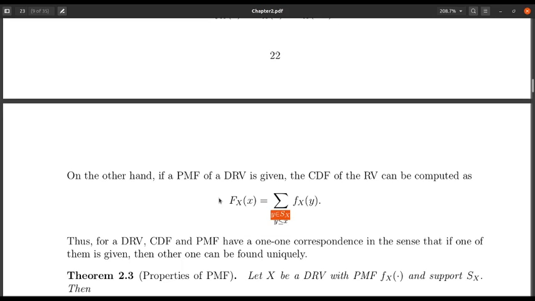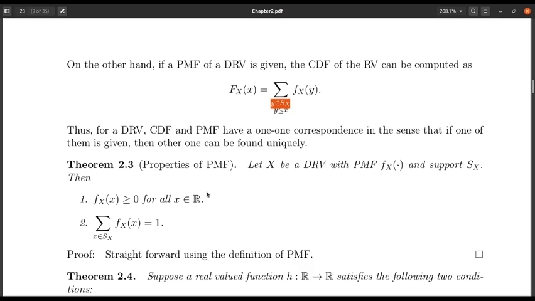So the cumulative distribution function and the probability mass function of a discrete random variable have a one-to-one correspondence, in the sense that given one, I will be able to find the other uniquely. So this is a one-to-one relationship between these two functions, the CDF and the PMF, in the case of a discrete random variable.